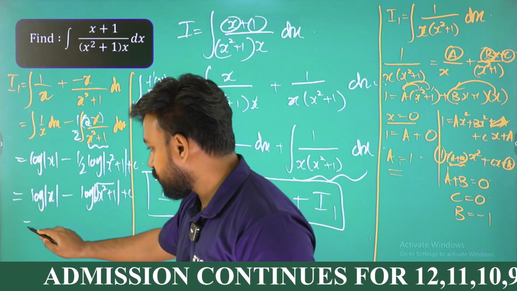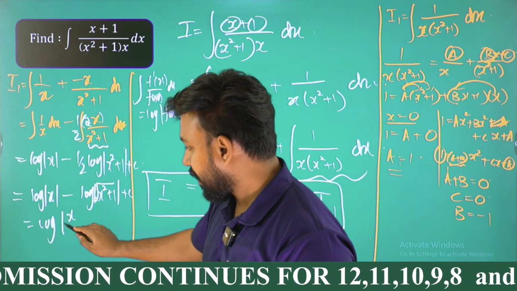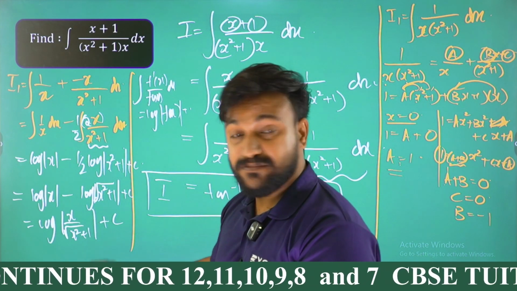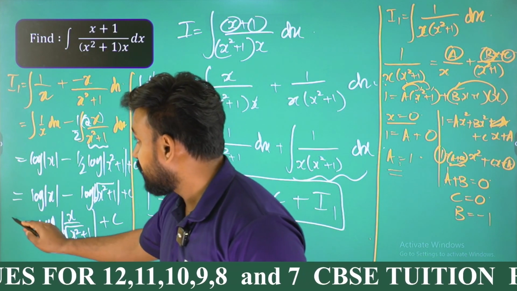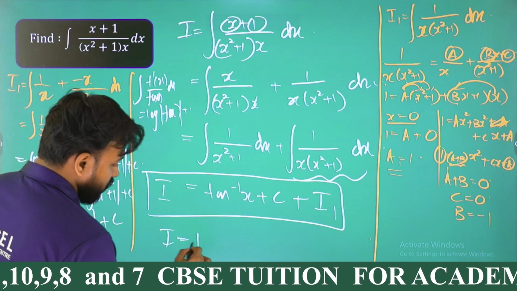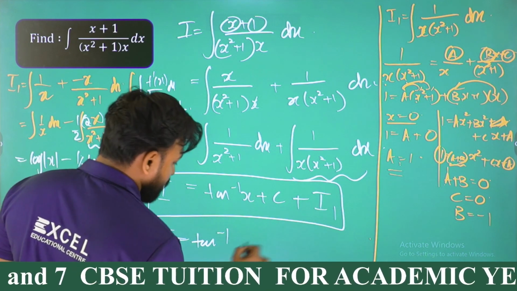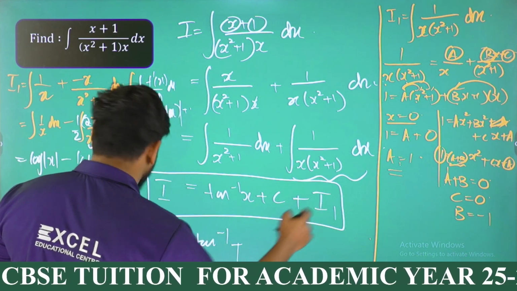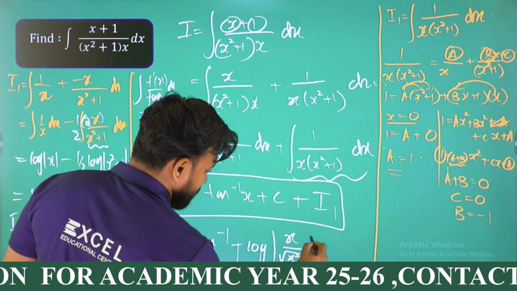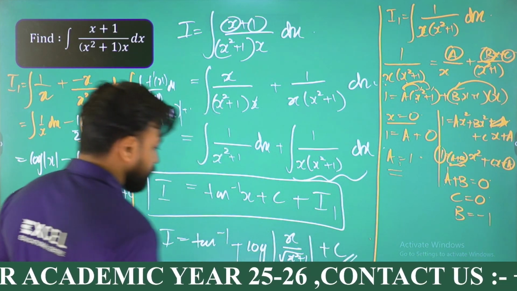Log a minus log b is log a by b, that is log of x by root of x square plus 1. That is your I1. Hence finally your I will be equal to tan inverse plus I1, log mod x by root of x square plus 1 plus c.